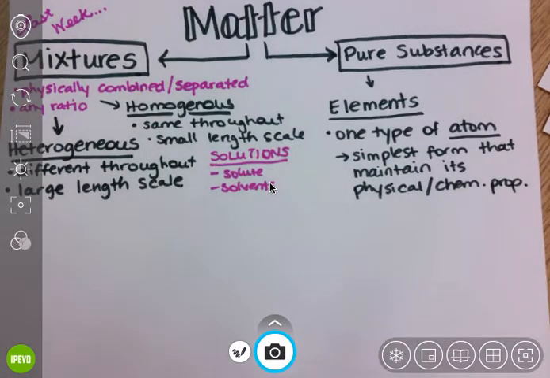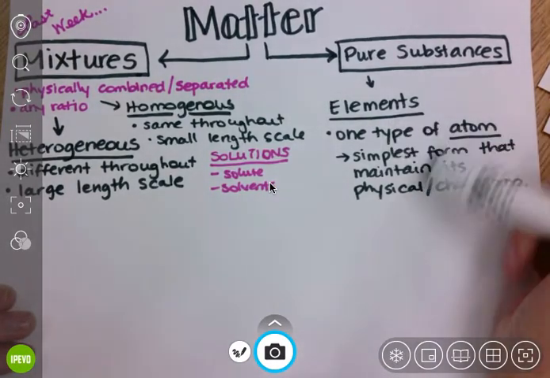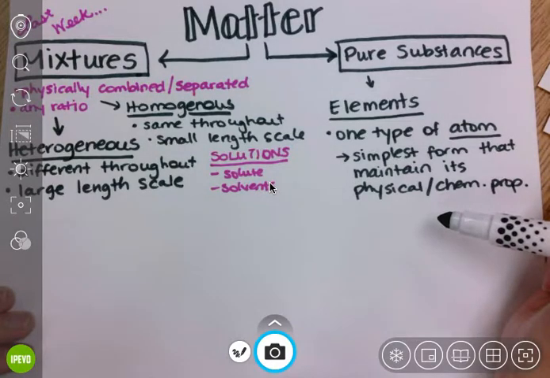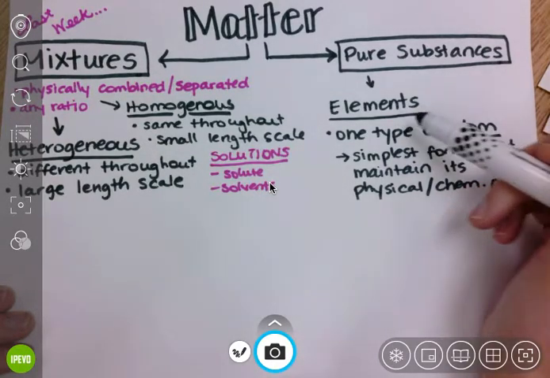Okay? And so after we did this one type of atom, that's what we're going to call an element.